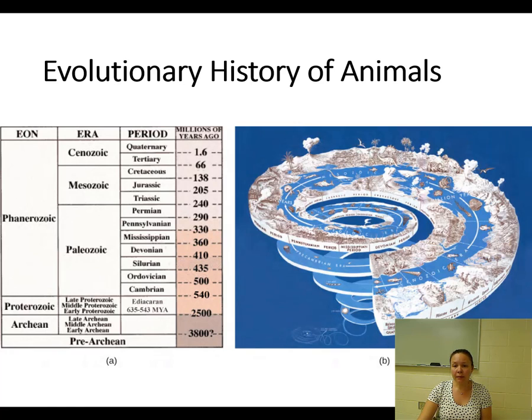So animals, and there's nothing in particular here in terms of eras and periods you need to memorize, but animals really didn't show up until much later in geological time.